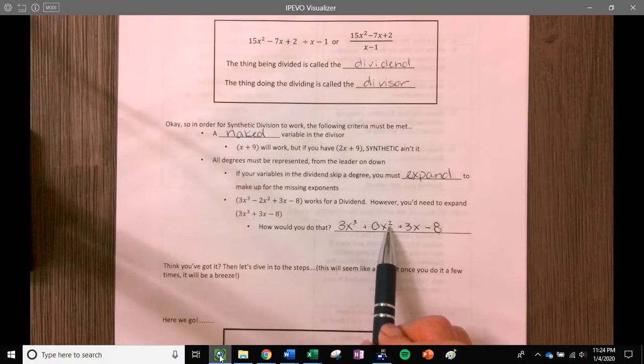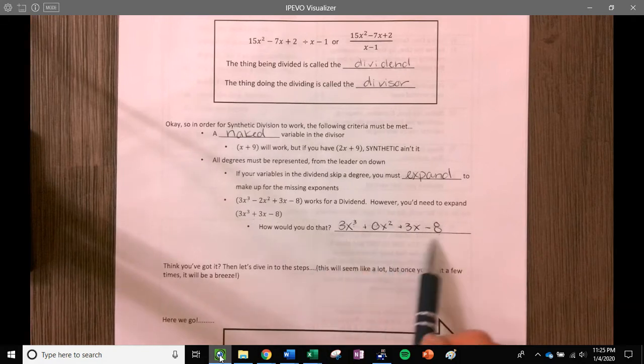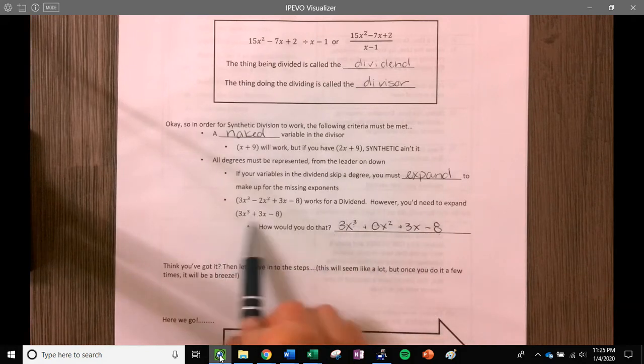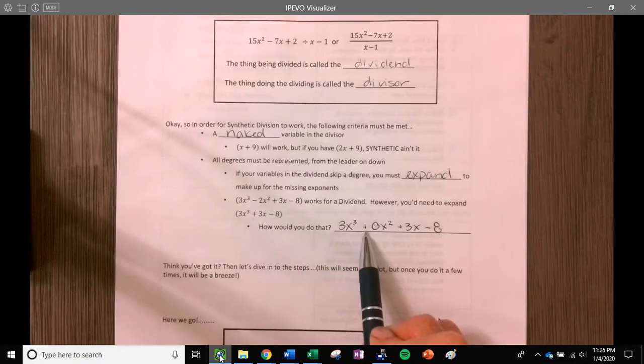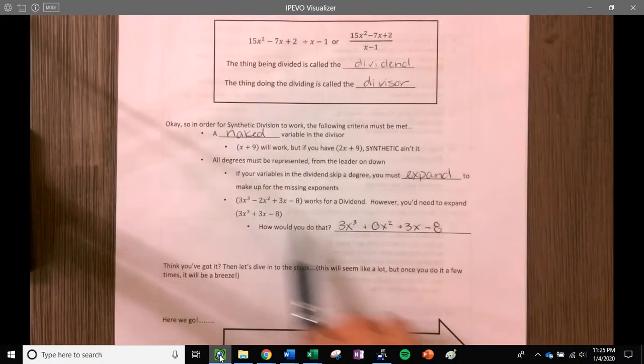If we put this as just x squared, then that would imply that this is 1x squared. That would change the value of this expression. But by adding in a 0x squared, technically 0 times anything is going to be 0. It's as if we aren't adding anything in here at all because we're not changing the value of this expression.